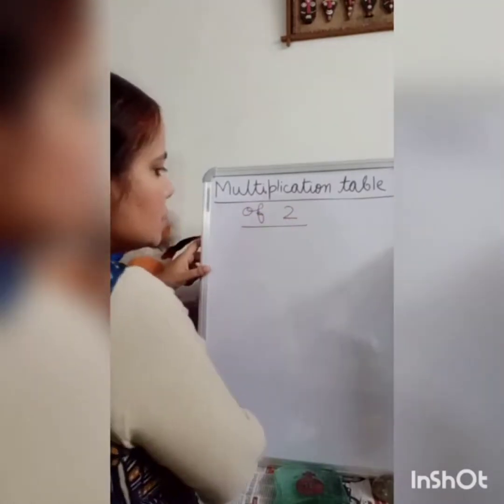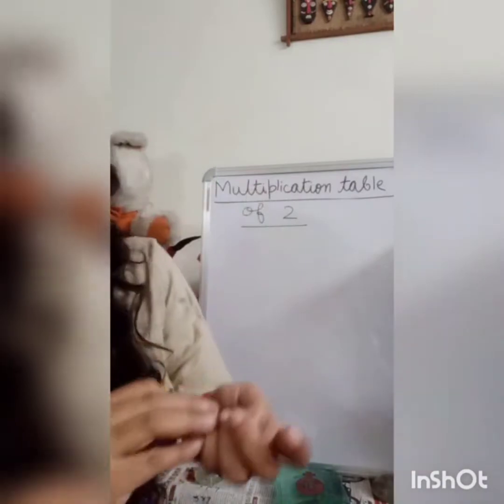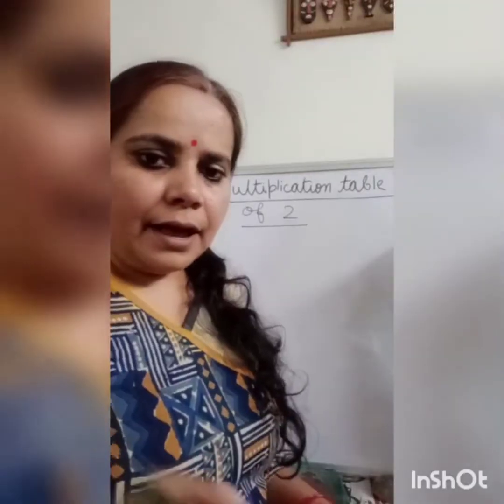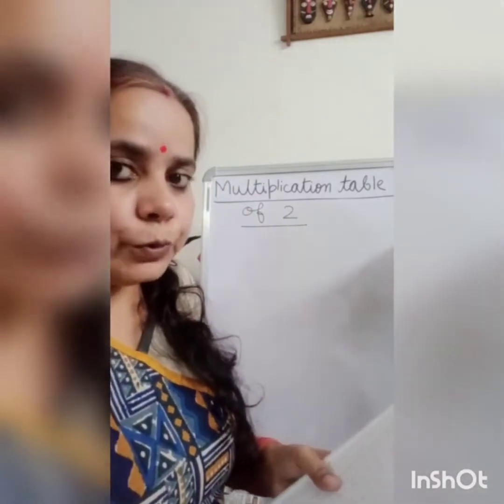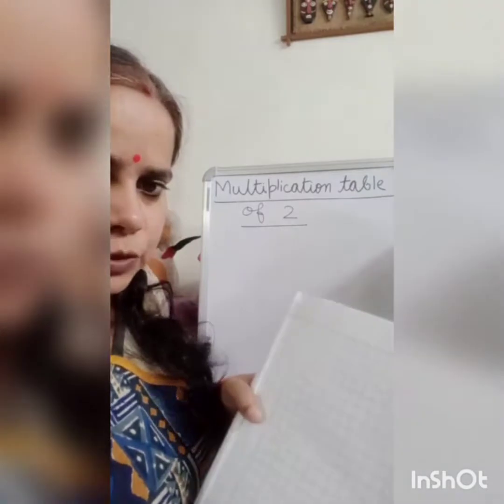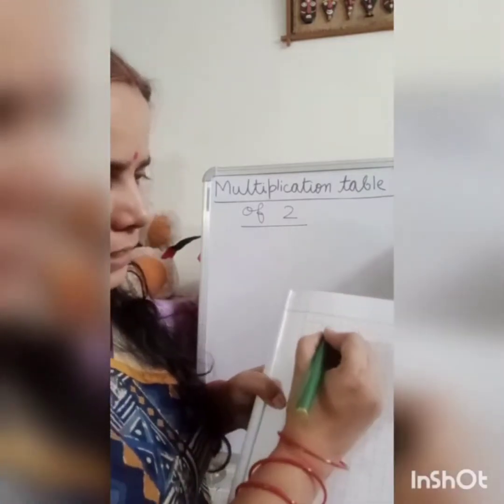Yes children, but I want to show you one thing. I will show you how to do it in your copy, because I know you all are going to make mistakes. So you just see how you are going to write in your copy.